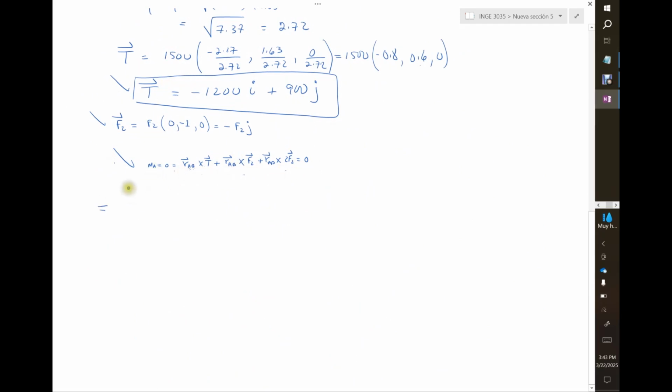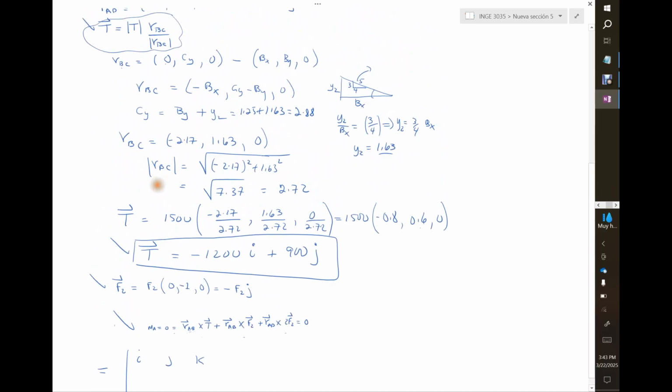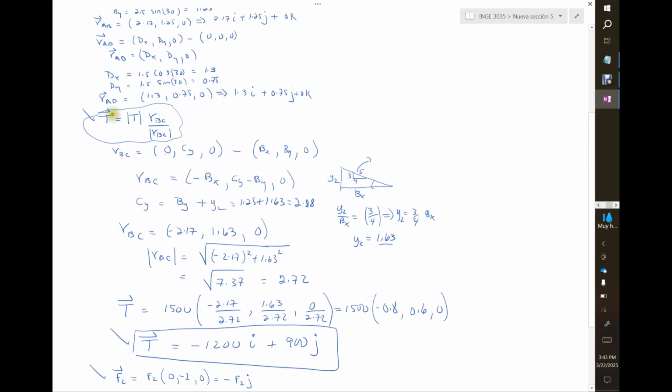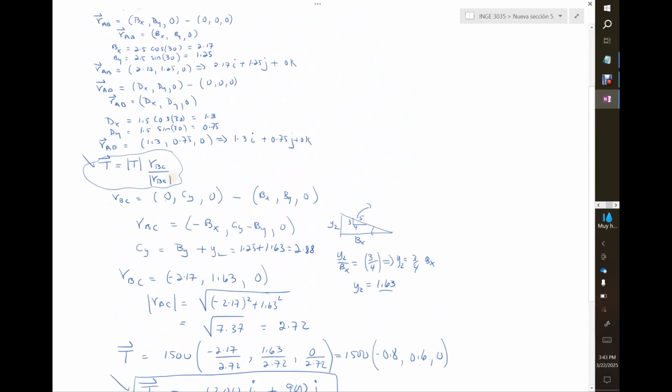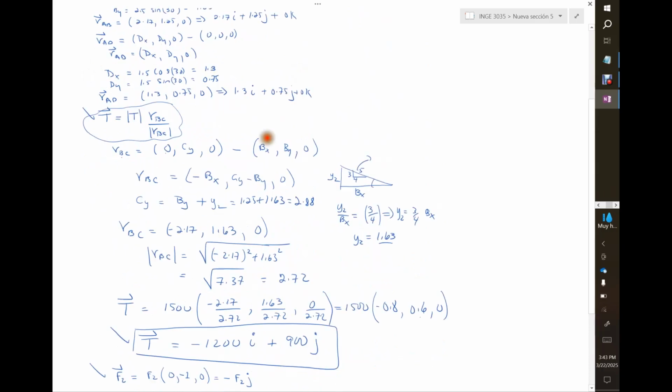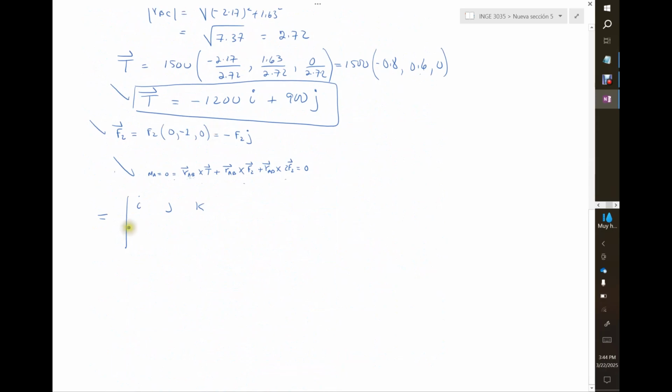So I have an i, a j, and a k, and the cross product is R_A V vector right here. It's 2.17, 1.25, and 0. So we go back here and we put 2.17, 1.25, and 0. Now we need the tensor. That's negative 1200 and 900 here and 0 here.